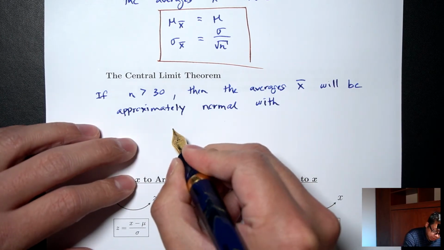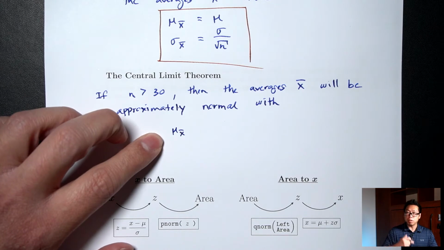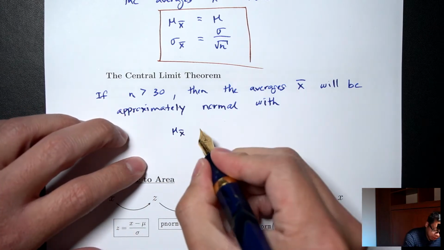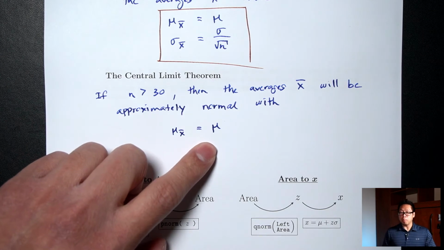With mean, so this is saying the mean of the picture at the bottom, so the mean of the averages, is the original mean of the population.